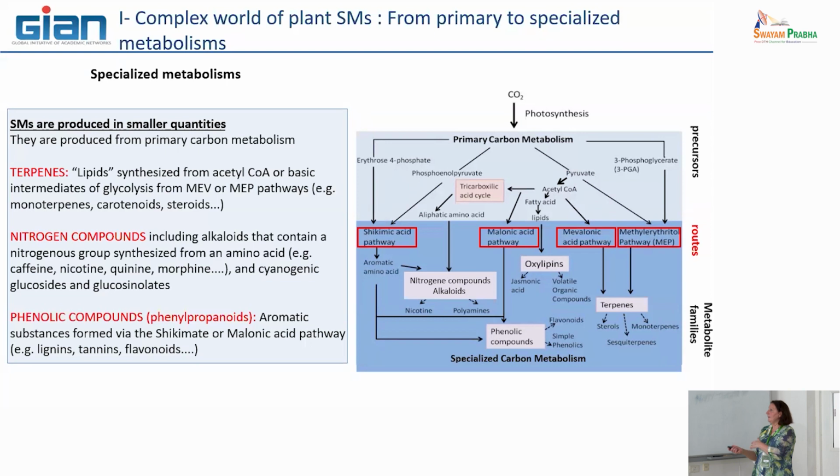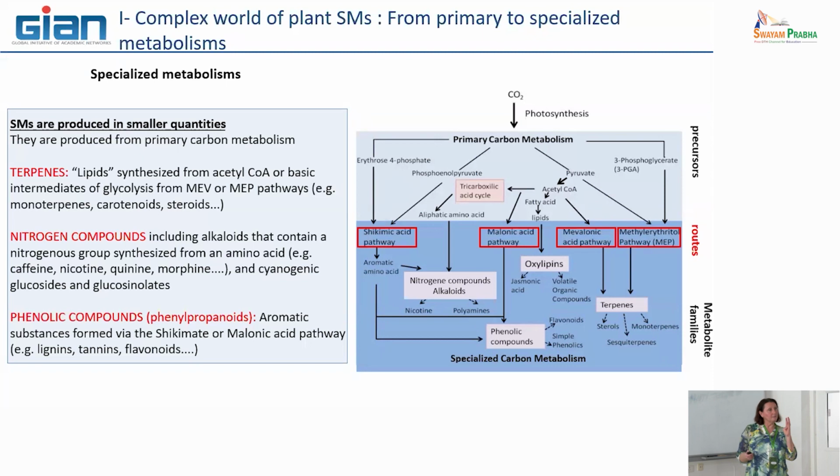On the other hand, all the terpenes, for example, are produced by only 2 metabolic pathways. I will explain both of them in more detail, because at the beginning we thought there was only one mevalonic pathway that is common to all organisms, microorganisms, plants, but also animals and fungi.